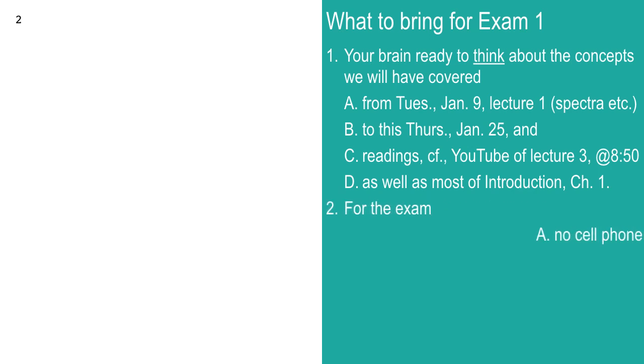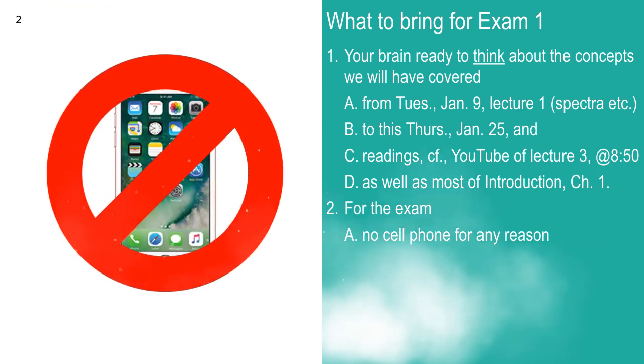Now, for the exam, the procedure is no cell phones. All right? That is verboten. It's forbidden. You must not even take it out. So you get in the classroom, just stow it, put it on silent, and mute it, and just stow it.